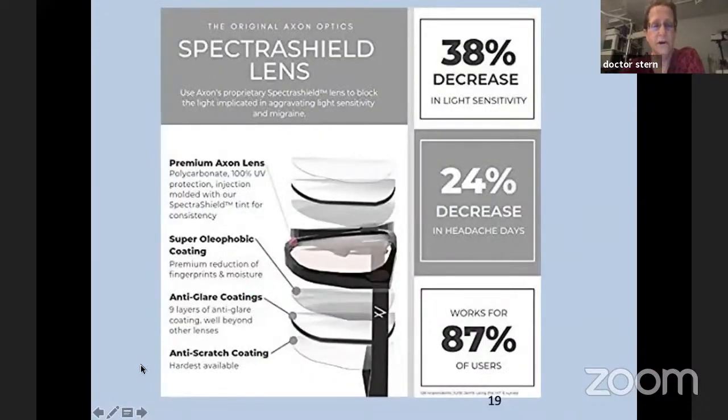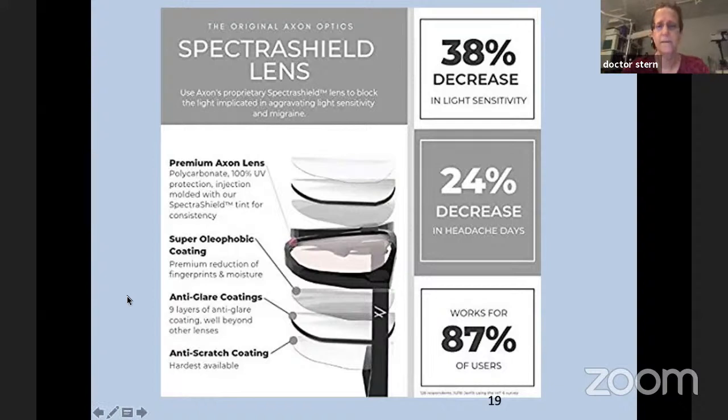And here is from a company called Axon Optics. And Axon Optics, I believe, is her company, or she's involved with it. And they have eyeglasses you can purchase on the web, non-prescription, and you can send them your prescription. And also, just in the last maybe month apparently, they can now do contact lenses. And I don't know how they do that.